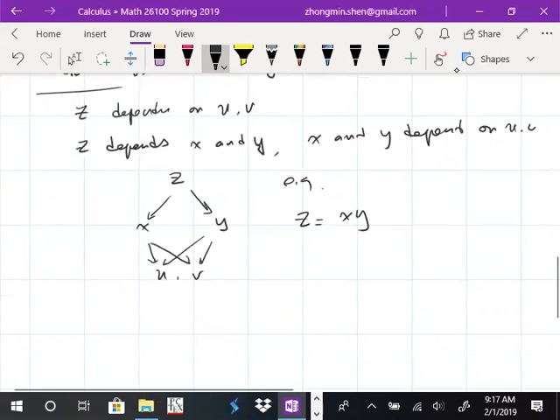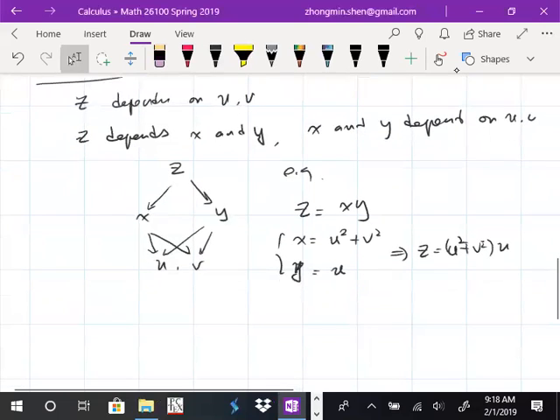Now z depends on x and y, but x depends on u and v, like u squared plus v squared, and y is just u. Then you can get z equals u squared plus v squared times u. So z depends on u and v, but also z depends on x and y. Okay, so that's a picture.